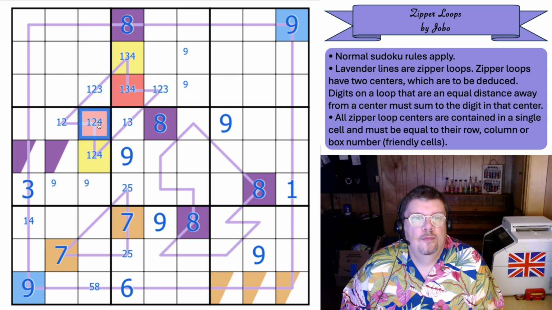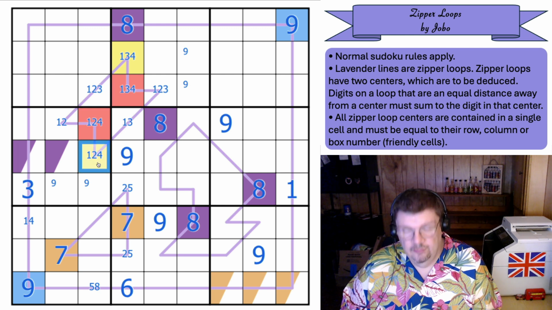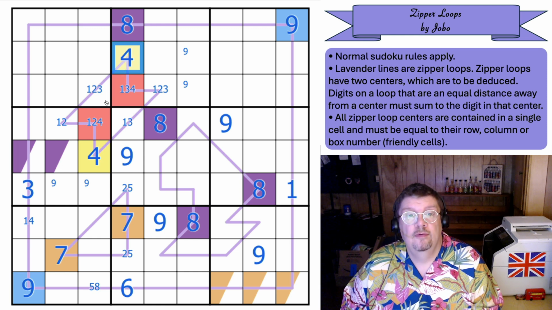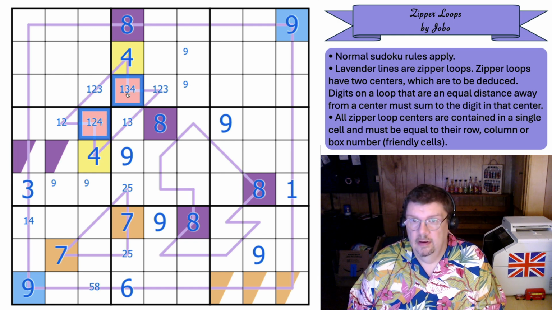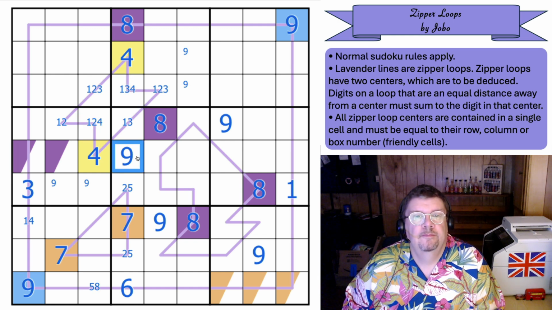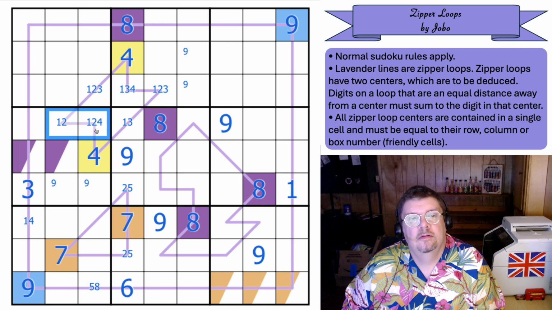If this is 4, that now can't be 1, 3. Okay, so this is 4. This is 4. That is our center on that one, so we can remove that. This now doesn't make sense. No, it's these two.